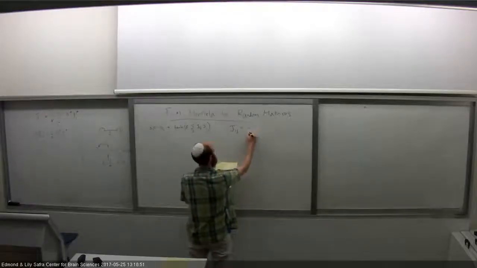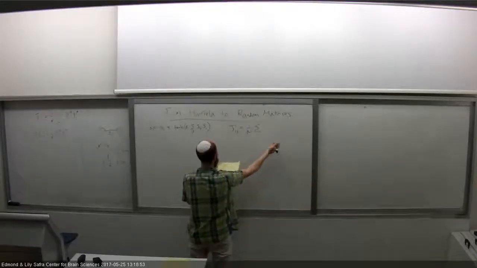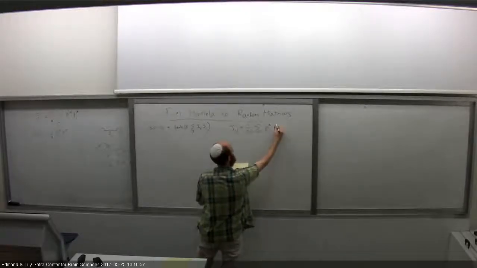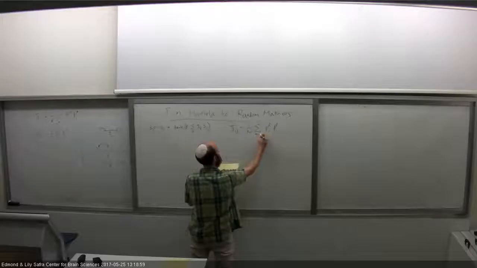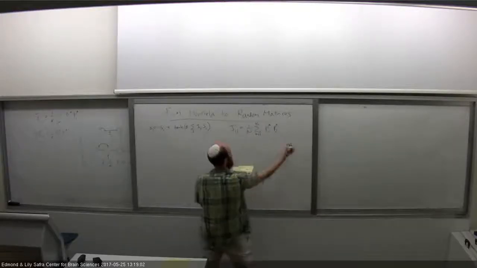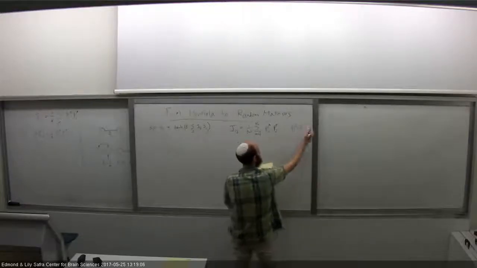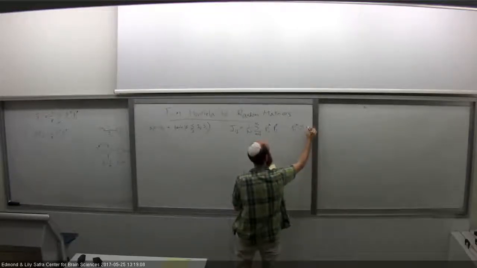Jij is random. It's fixed according to, of course, our memory patterns, the sum over mu of pi mu, pj mu, times 1 over n, where each pi is, of course, plus or minus 1 with probability 1/2, going back to the original case.